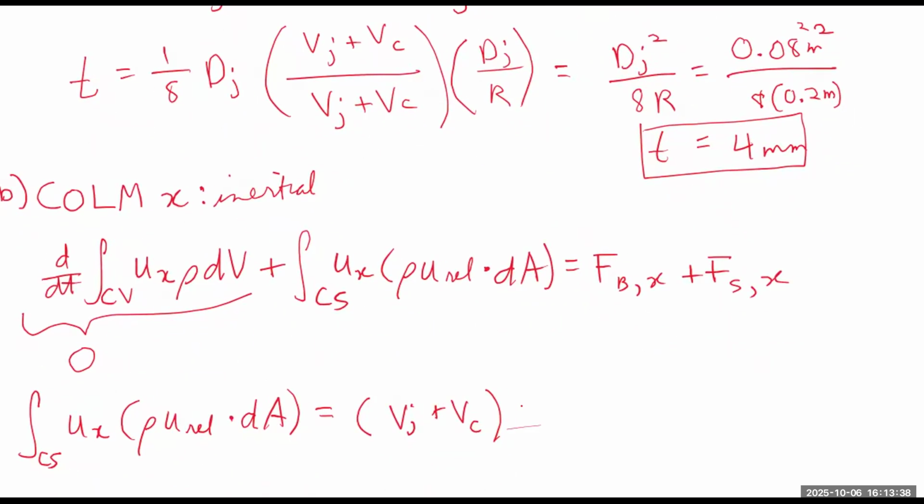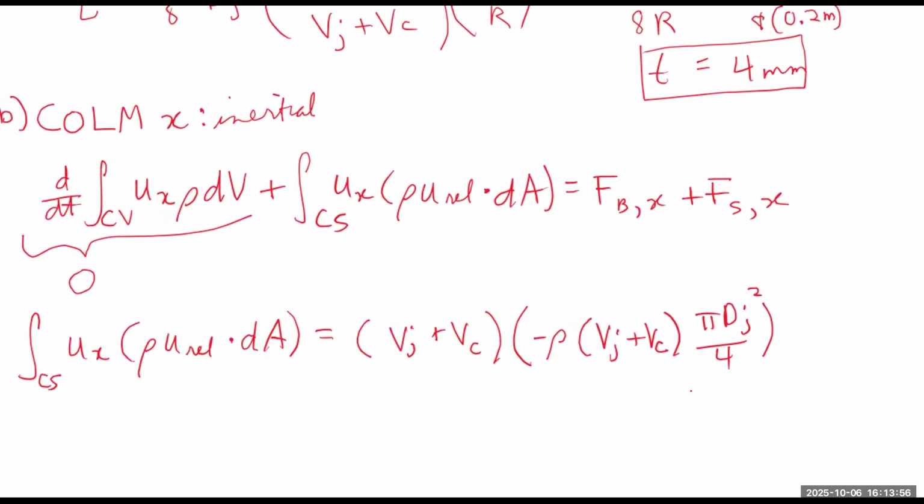So we're going to multiply it by negative rho times Vj plus Vc times pi dj squared over 4.